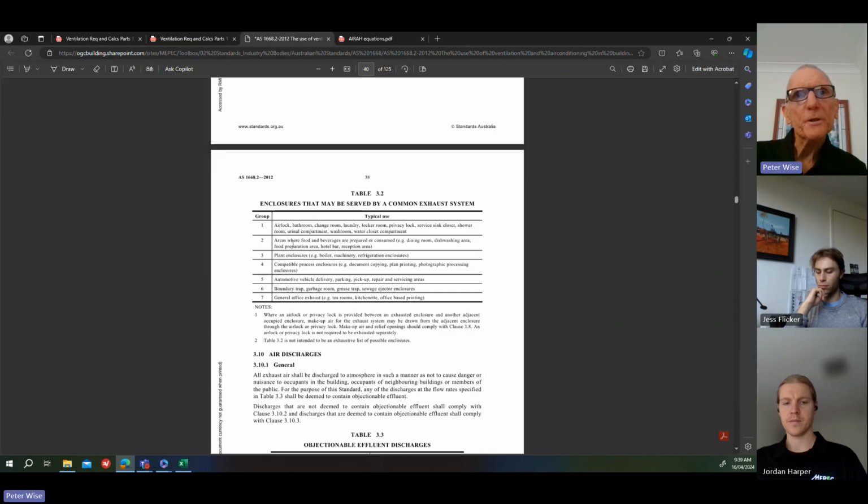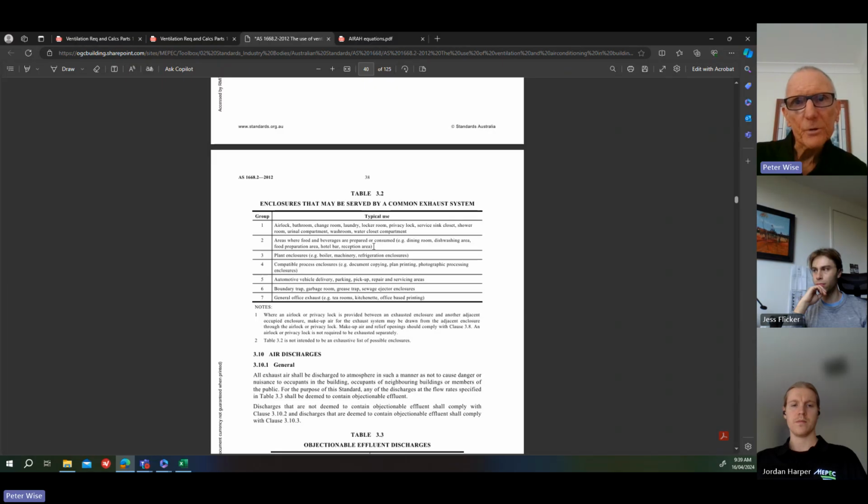Group 2, areas where food and beverages are prepared or consumed: dining room, dishwashing area, food preparation area, etc. They can be combined. Normally, if we talk generally about a kitchen exhaust system, if you've got a commercial kitchen, you wouldn't normally connect other things to that.